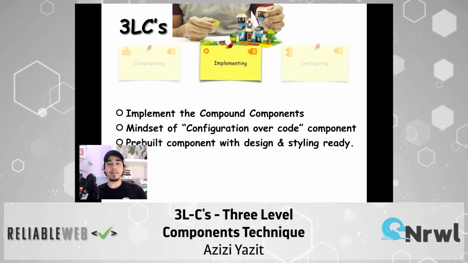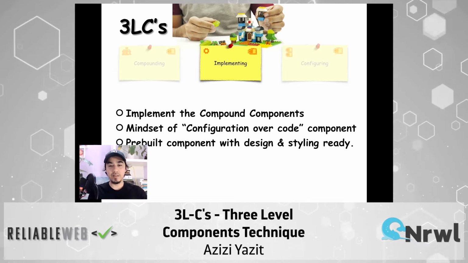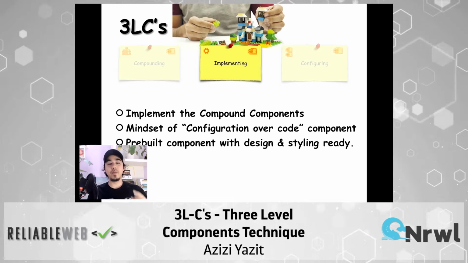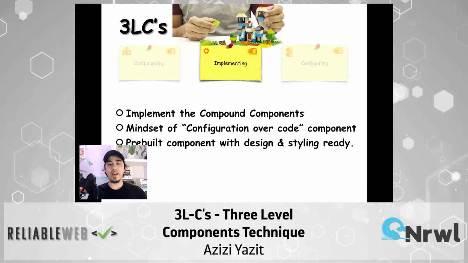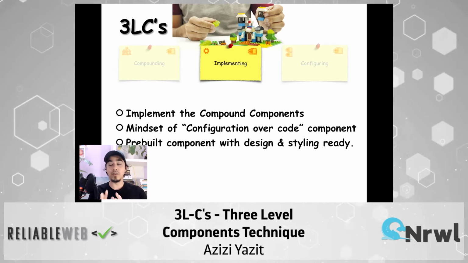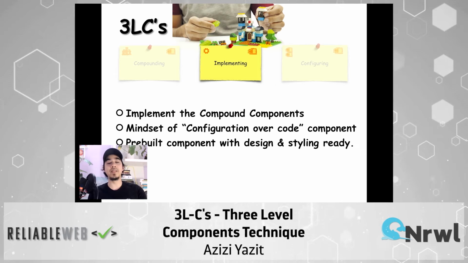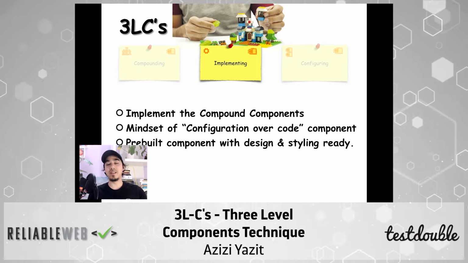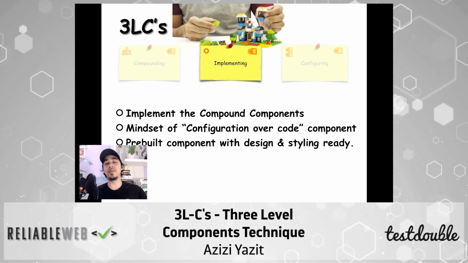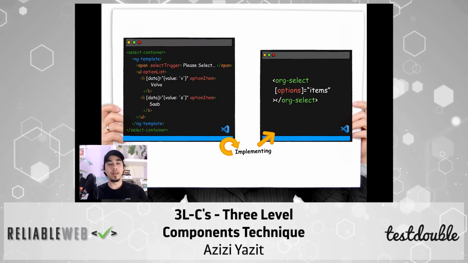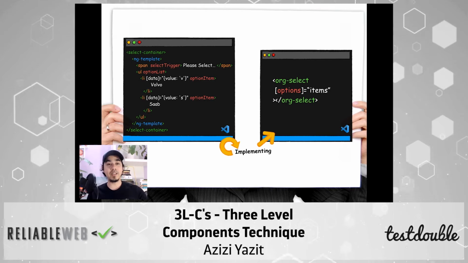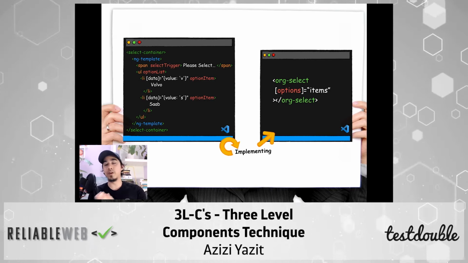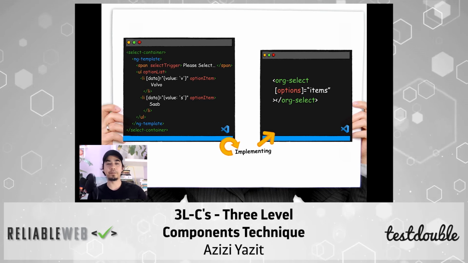So it is implementing the compound component in terms of providing the custom styling, etc. We need to have the mindset of providing a configurable core component to the next level, which means this component needs to be previewed with the design styling ready and can be configured at the second level. So the goal for this technique is to implement the compound components and transform them into the organization's components.